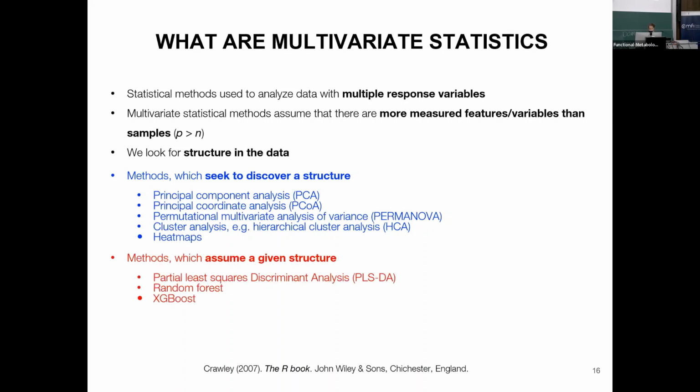And there are also methods which assume a given structure, for example PLSDA or random forest, but there are many, many more. What we are going to show you today is just a very small example of one very basic analysis you can do. But of course, there is much more out there.